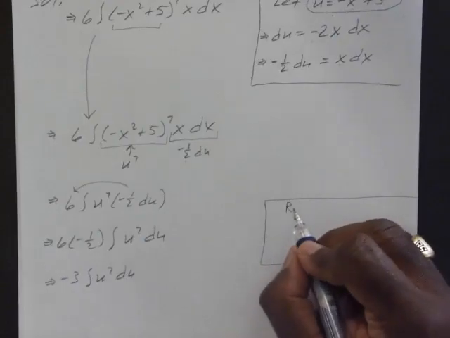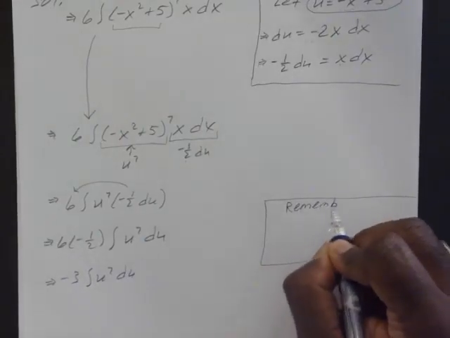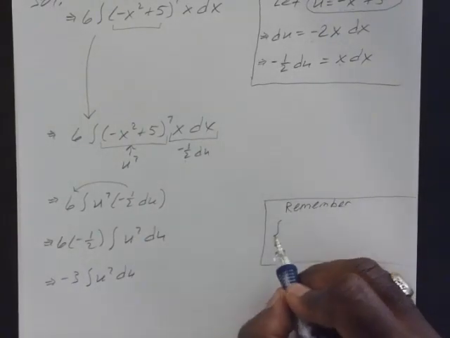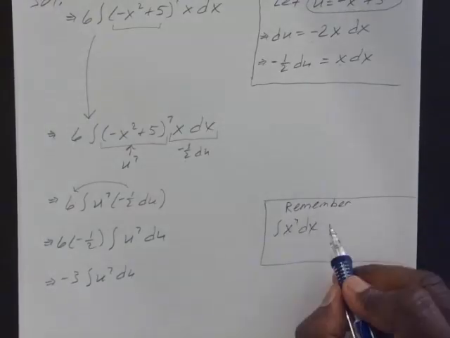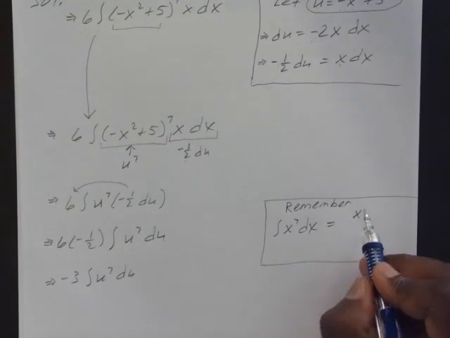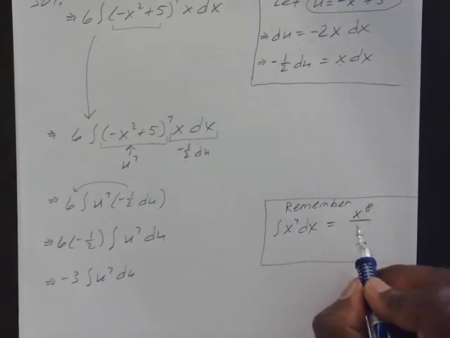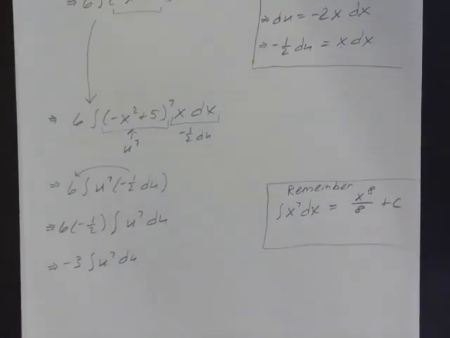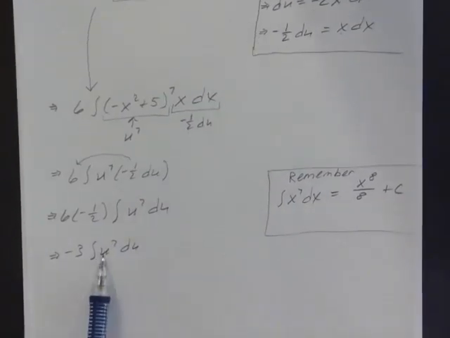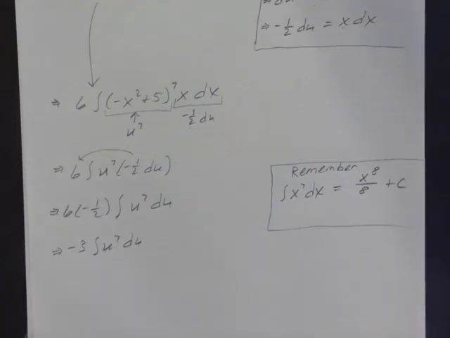Now, if you remember, if we have the integral of x to the 7th power dx, then that's just x to the power of 7 plus 1 over 7 plus 1, plus c. Same thing here. As long as you have it in the same form where you have u and du, you can do the same thing here.